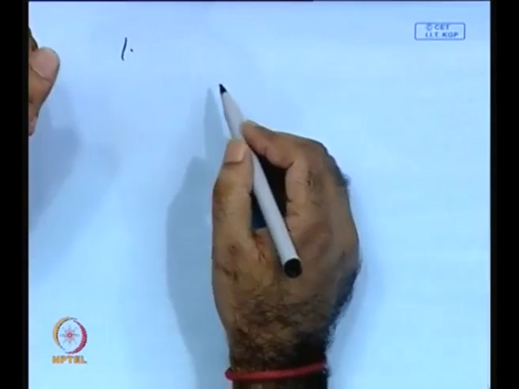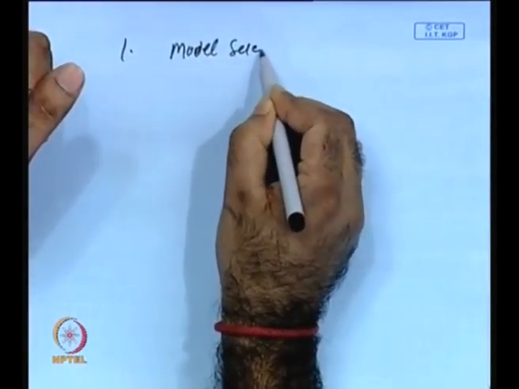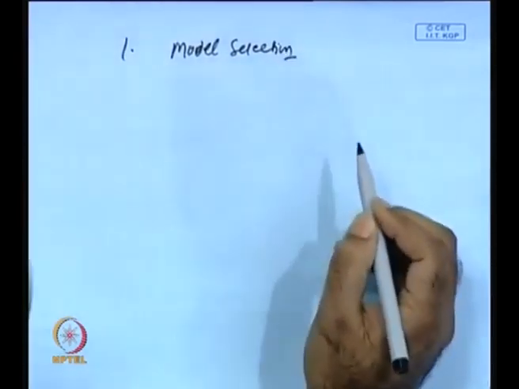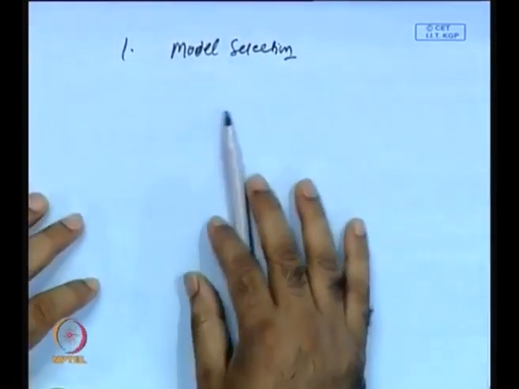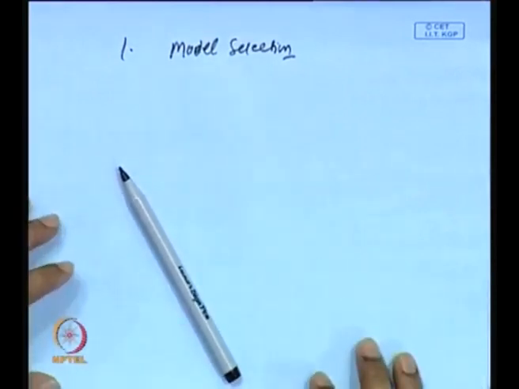So, I will briefly highlight a few important points. You can consider that these are all strategic rules for econometric modeling. So, the first thing is model selection. Okay. You see, we have altogether different setups of models: cross sectional modeling, time series modeling, panel data modeling, structural equation modeling.